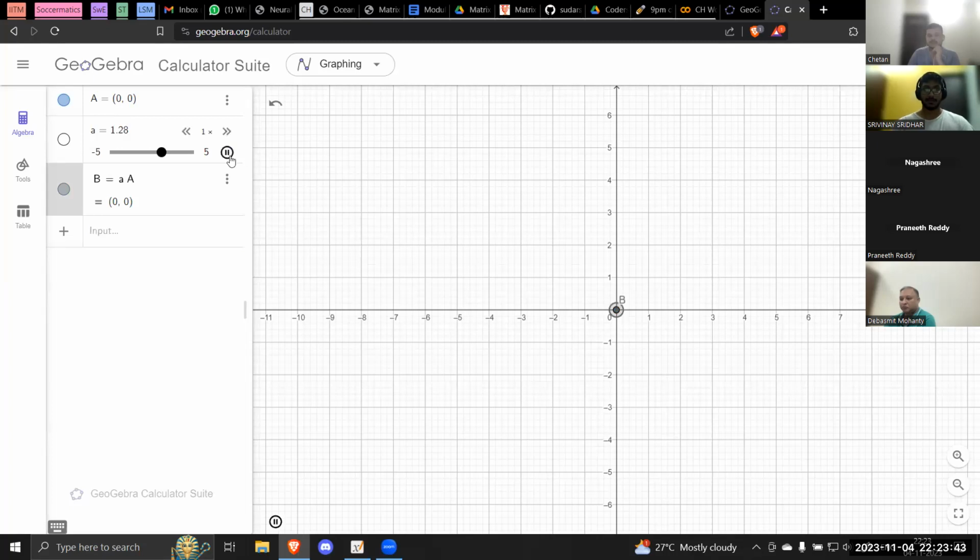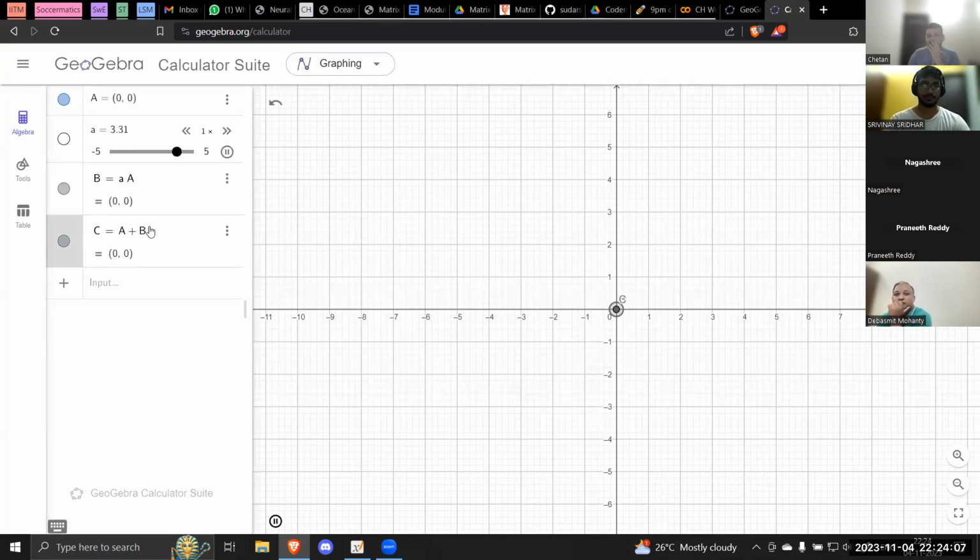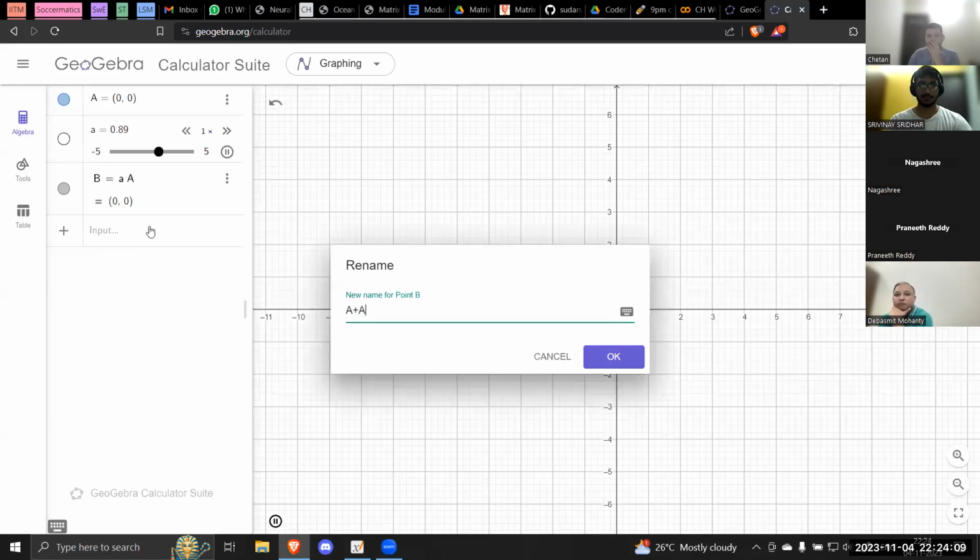But what happens if I multiply something to this? It gives me (0, 0) again. It satisfies scalar multiplication. What happens if I add something to it? It gives me the same thing again, (0, 0).